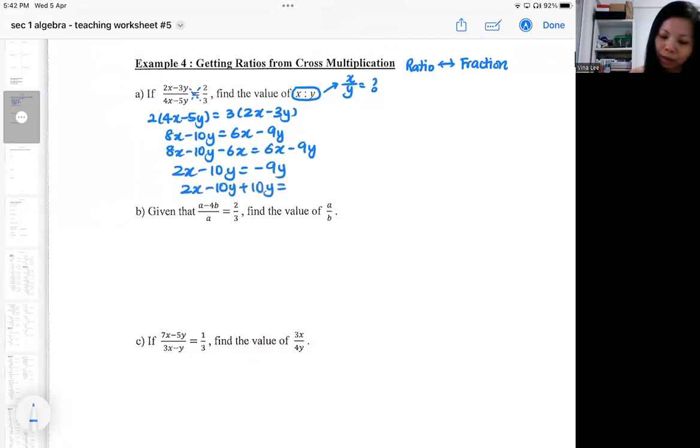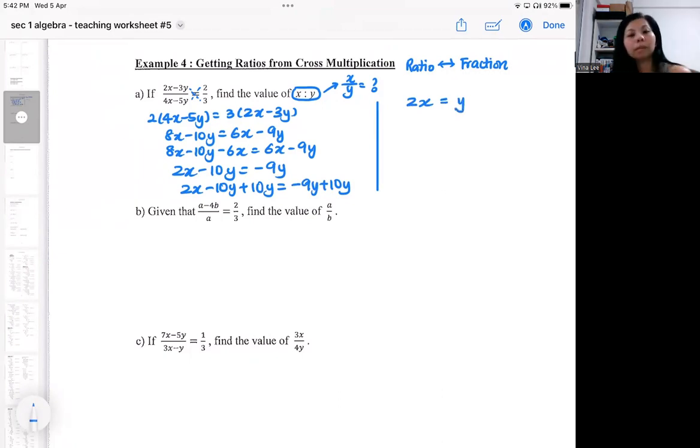Sorry, plus 10y. After that, you will be getting 2x on one side and then y on the other side. If you can get until this point, you get your method mark.